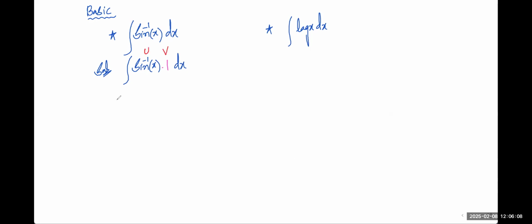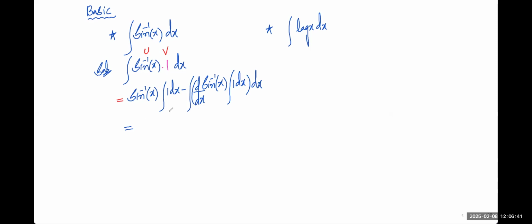According to the formula, the first term U as it is, that is sine inverse of x, times the integration of 1 dx, minus the integral of the derivative of the first term, sine inverse of x, into the integration of 1 dx, whole dx. Integration of 1 dx is x.